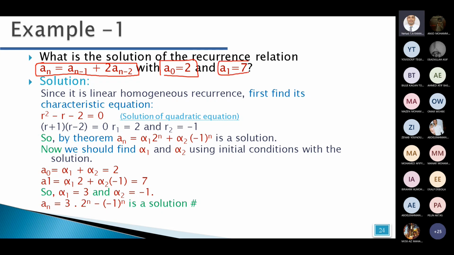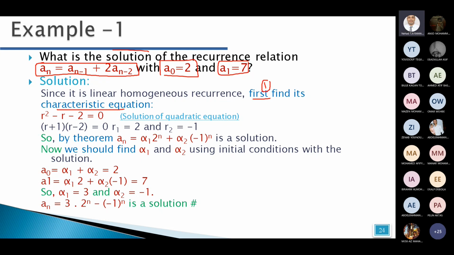And the question here is, what is the solution? Or, solve this recurrence relation. To solve this recurrence relation, use theorem 1. First step is to find the characteristic equation.